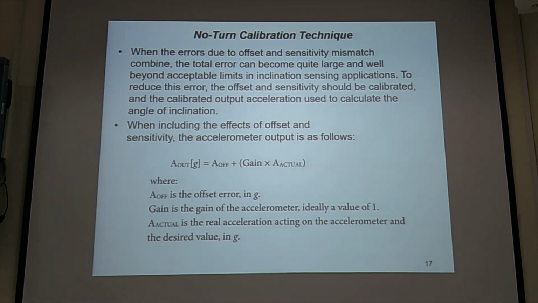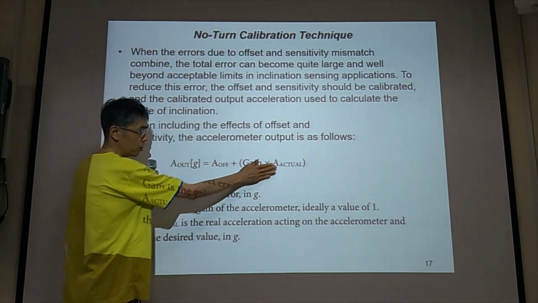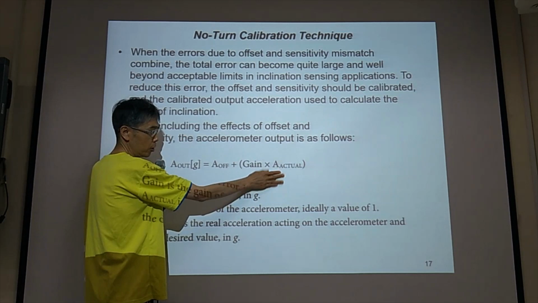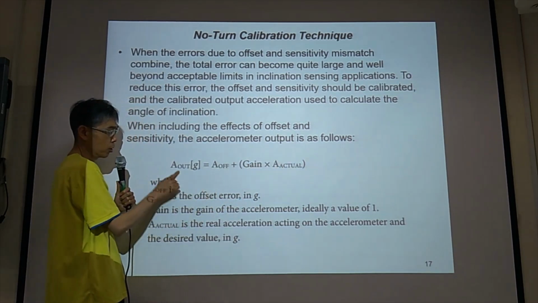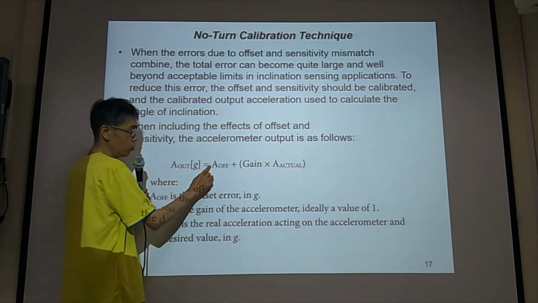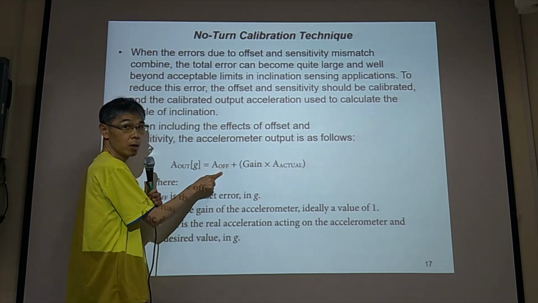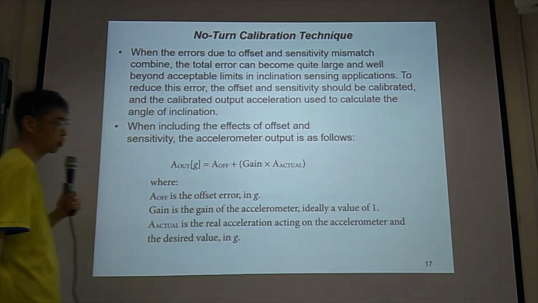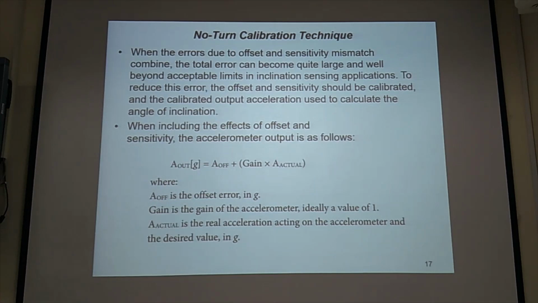Okay, so how to do the calibration? Remember, even without actual acceleration, you have the offset at the output. So we need to remove this term, the input offset, before we do the measurement.